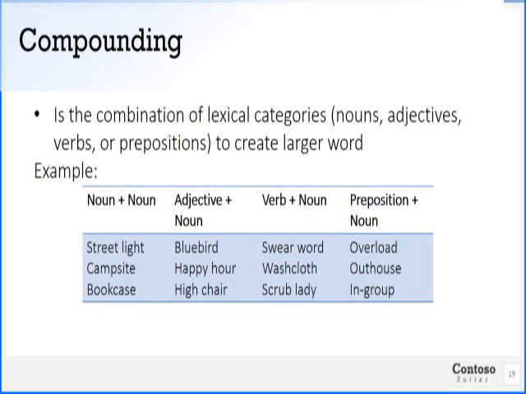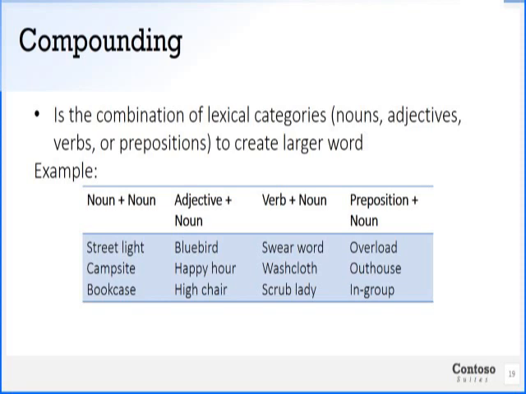So one part of the word is verb and the other is noun. And the next, preposition combined with noun. Examples like overload or outhouse. The other one is in-group. In-group has a hyphen between the words, so this belongs to hyphenated form. Okay, later we will discuss compounding.